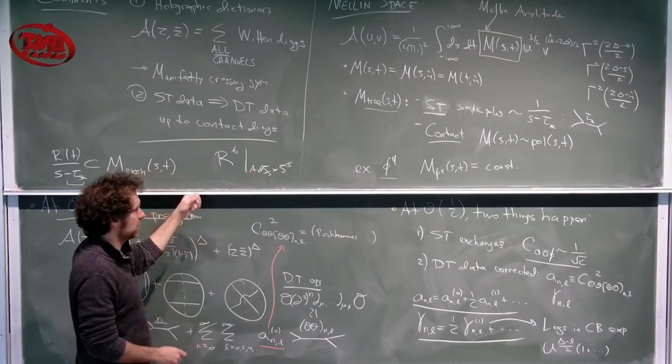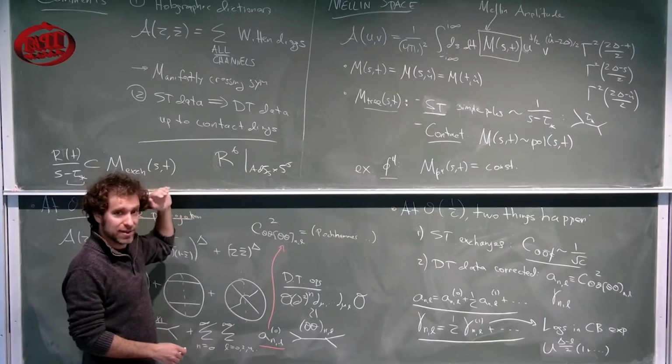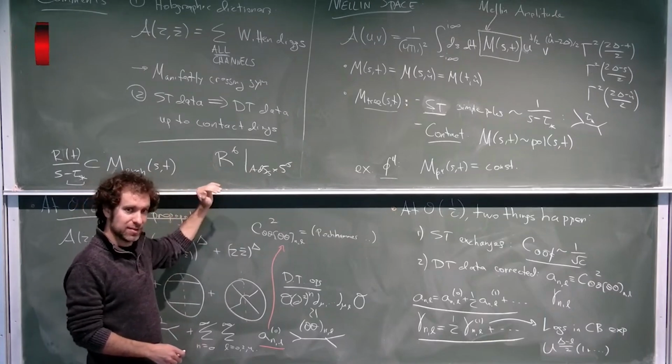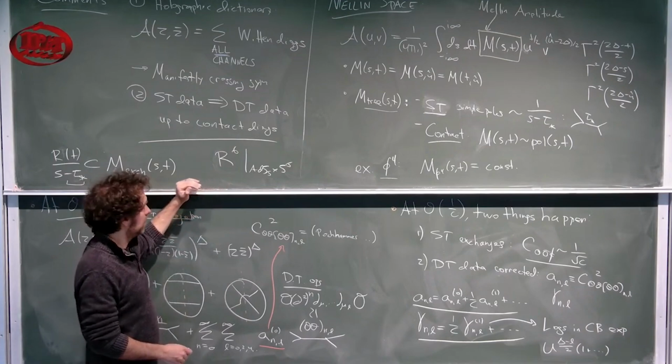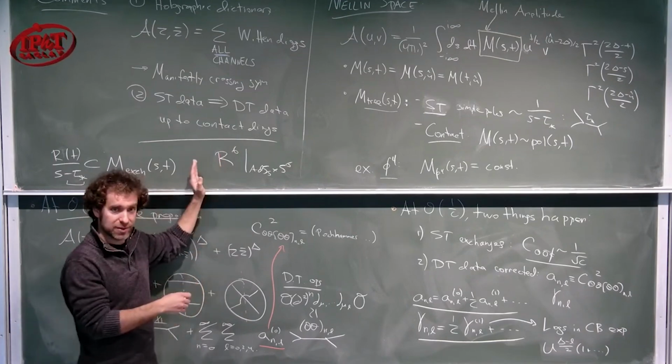But they'll give you a term which is subleading in the flat space limit at 4 points in AdS, because it's suppressed by extra derivatives.